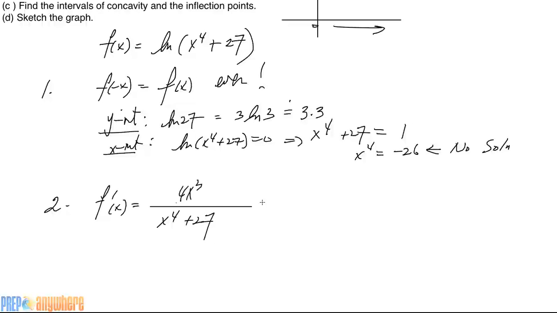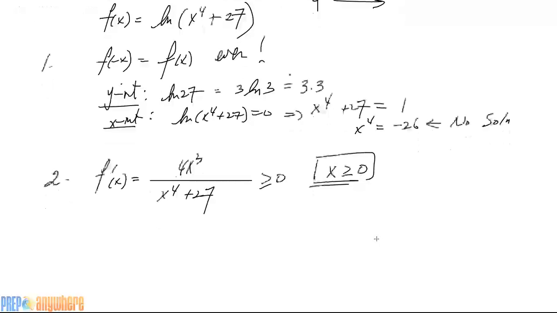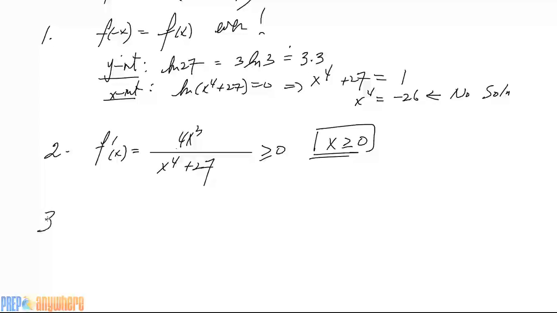Do you see that this is going to be positive or equal to 0 when x is greater than or equal to 0? This is actually very nice. The bottom is always positive because it's x to the power of 4 plus 27. So the entire thing is going to be positive when x is positive. The entire thing is going to be 0 when x is 0. That was actually very simple.